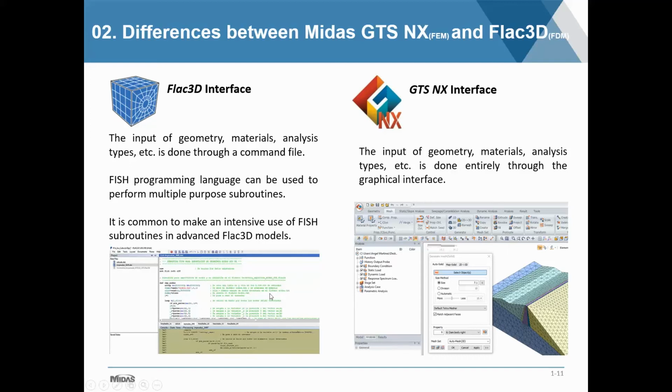this being the Fish code. Whereas on the right side, with Midas GTS NX, the interface is more of a graphical interface. It's very friendly. All the input commands, whether geometry or materials or everything, are done directly, as we see here on the screen, by icons and clicks, and no code is required.